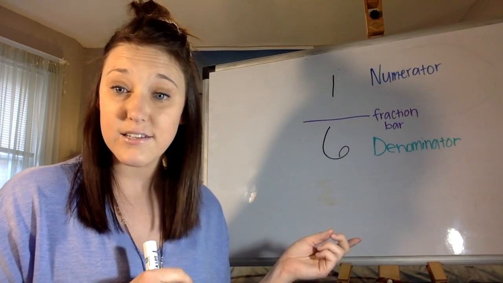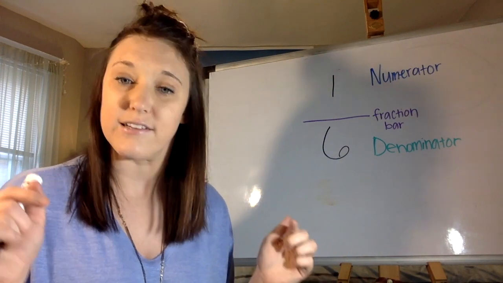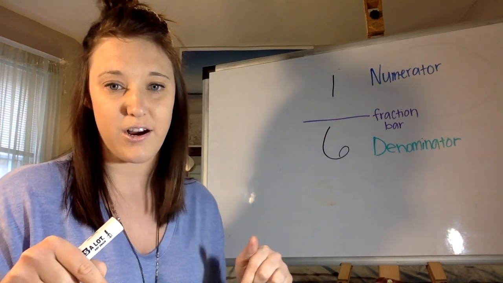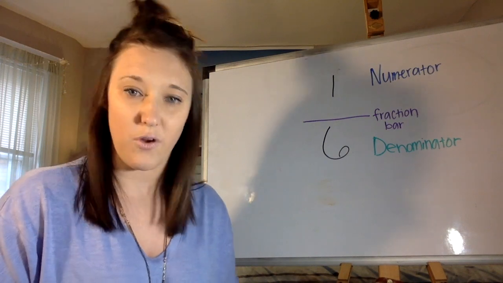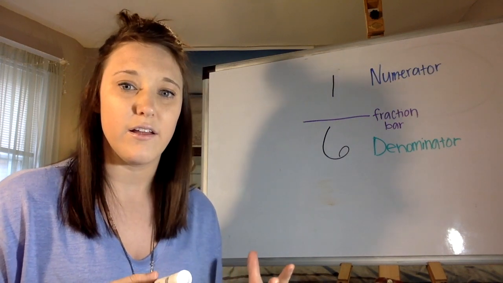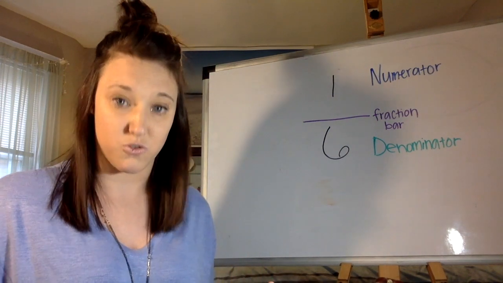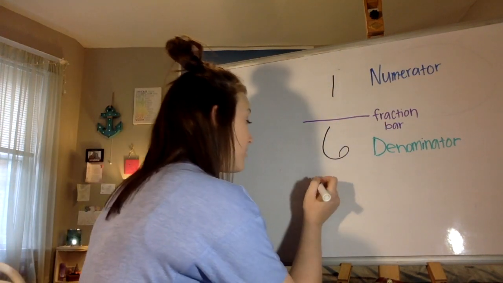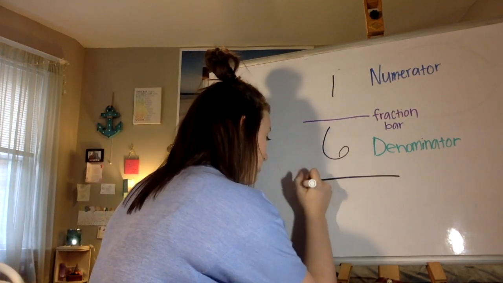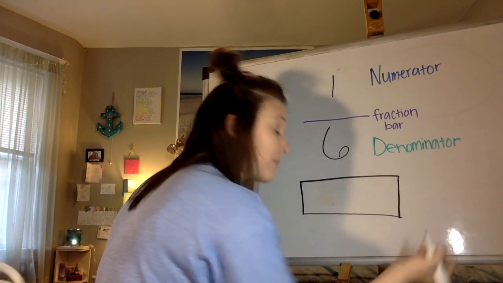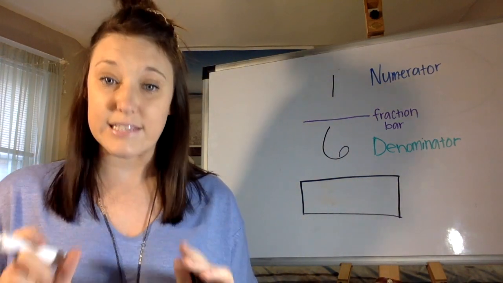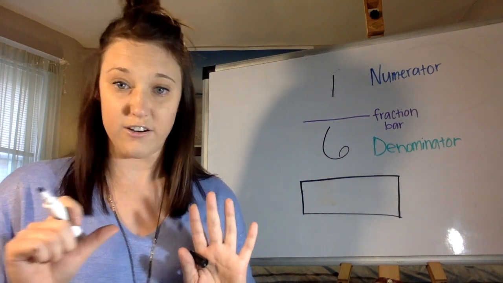The 6 is my denominator. It is down under my fraction bar, and that is telling me how many equal parts there are in the whole. But in order to completely understand this, we need to draw the whole. So I'm going to draw another rectangle, and I'm going to give it 6 equal shares.